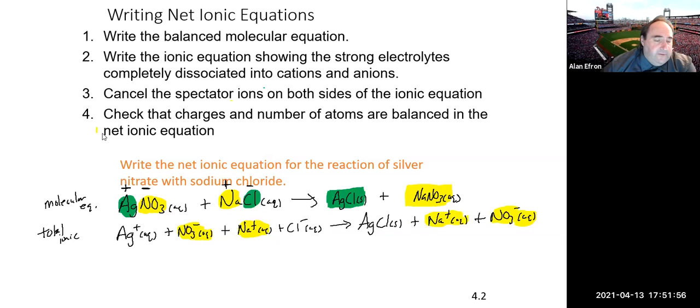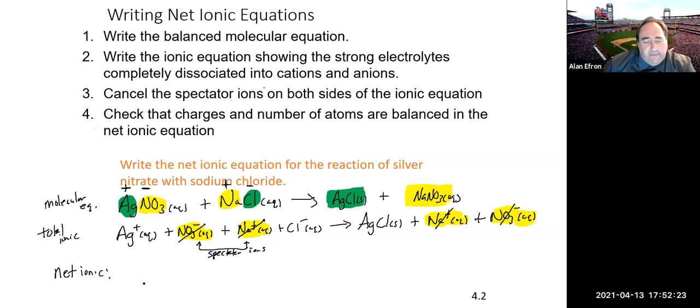And those guys there would be our spectator ions. So we're going to get rid of our spectator ions as they are really not participating in what is happening. And that will leave us our net ionic equation, which is pretty much what's left over.